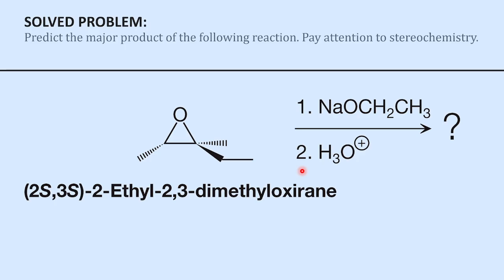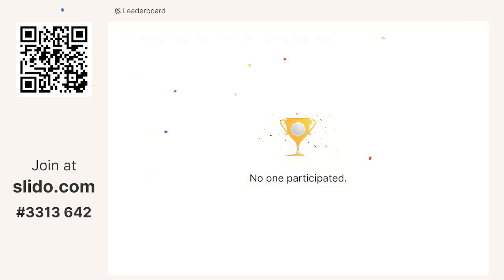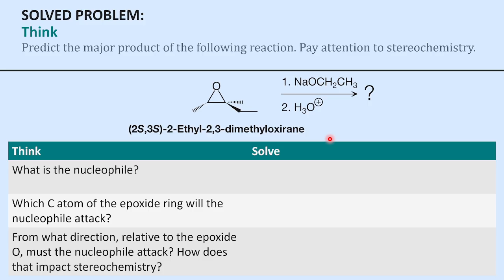It's much better to work through and find where you got stuck, and then see how somebody else does it. Okay, and so again, we have an epoxide, we have this NaOCH2CH3, and then we add an acid to it afterwards. And so this is actually the exact same mechanism as we just did. I'm going to just skip through this real quick because that isn't going to help anybody.